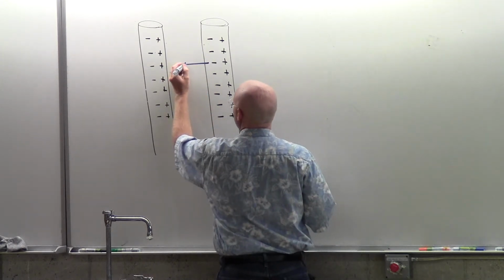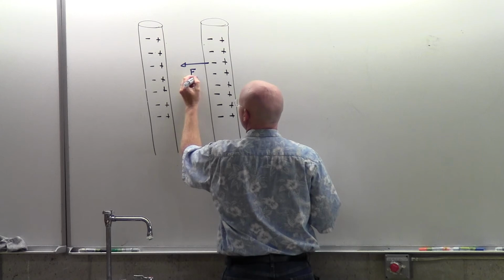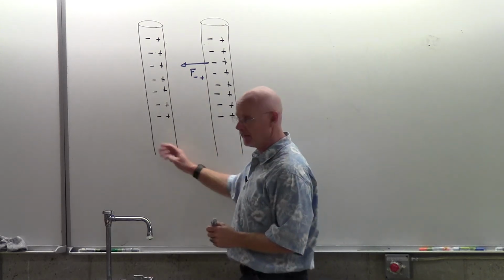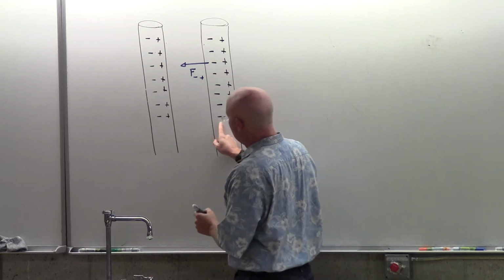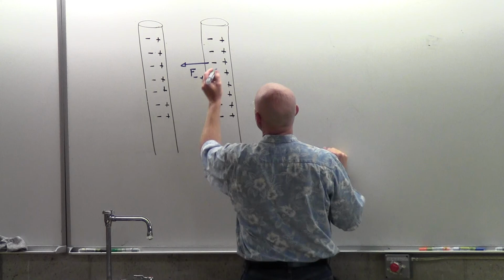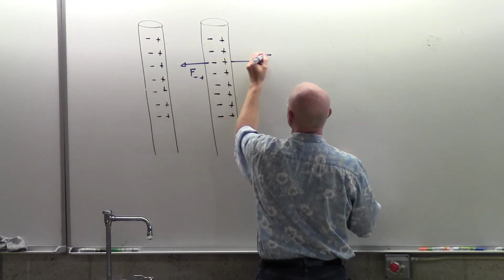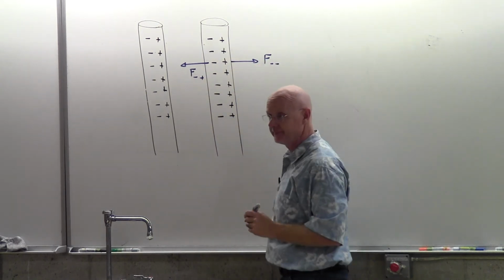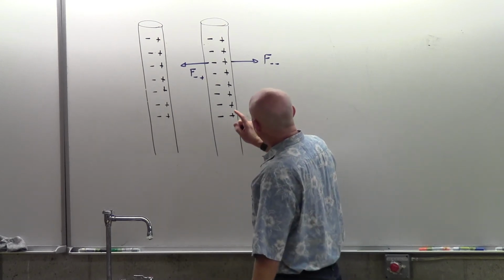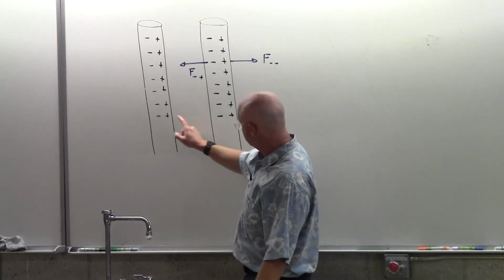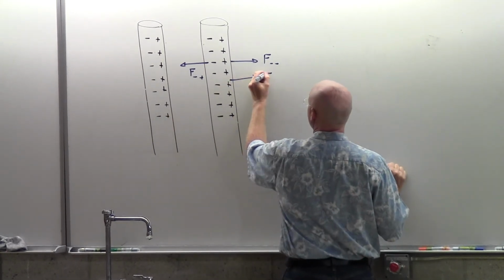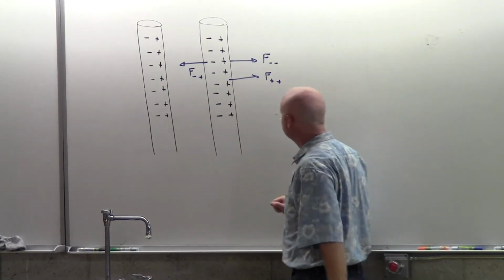They get attracted. Let me call this F minus plus. The minus is here, the plus is here. How would the minuses here respond to the minuses there? Push away. Let me call that F minus minus. How would the positives here respond to the positives here? They would repel. Let me call that F plus plus.